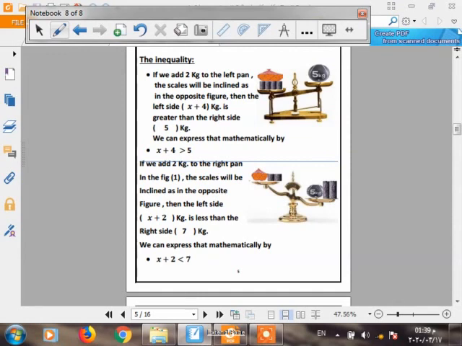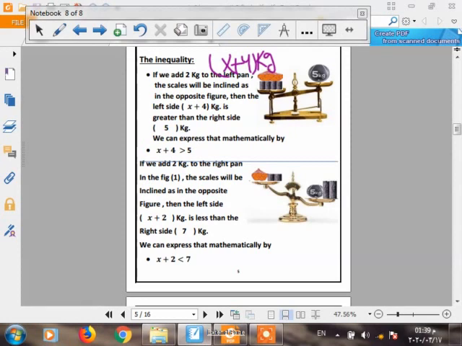After adding the 2 kilograms to the left pan, the scale inclined. So the weight of the left pan becomes x, the bag of orange, plus 4 kilograms. And the right pan is 5 kilograms.